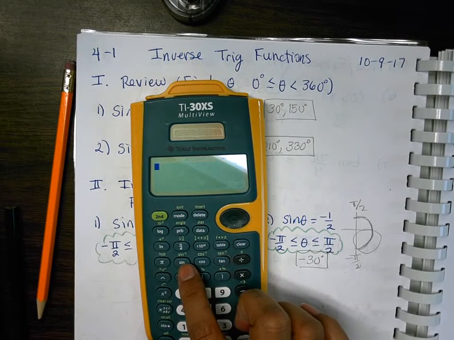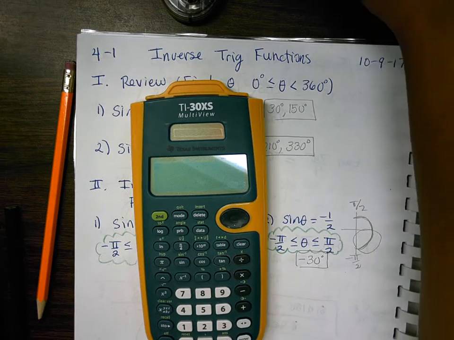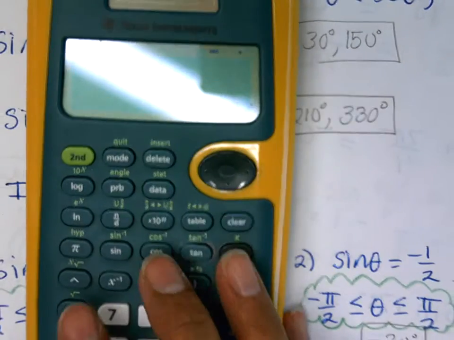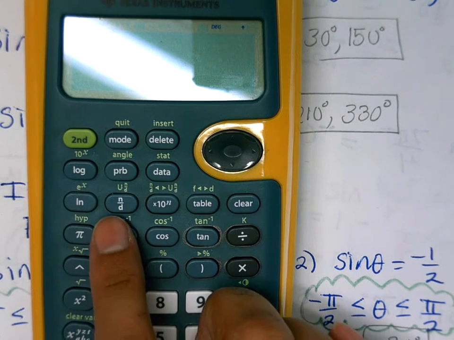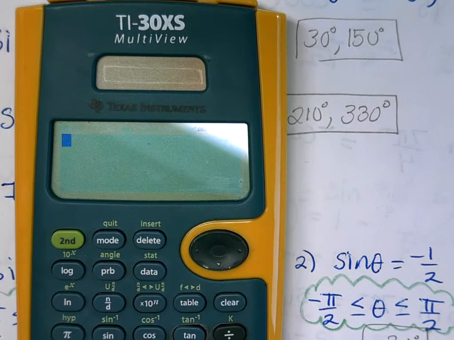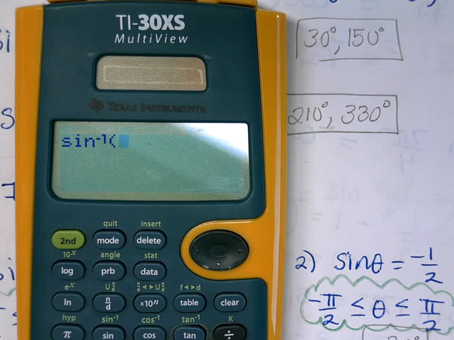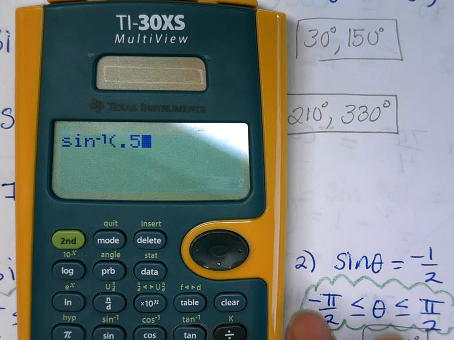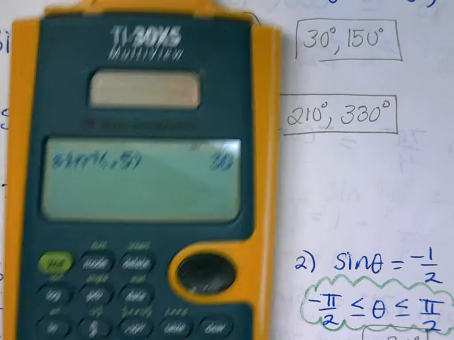Right above the sine key, do you see that little sine -1? So if I type in second sine, that's saying inverse sine, I can type in 1/2 or 0.5, and the answer is 30.